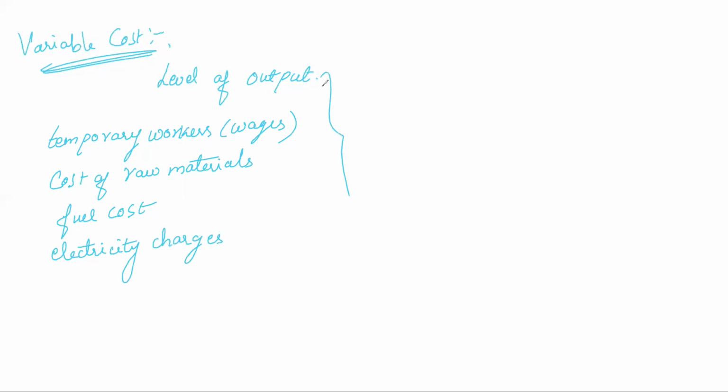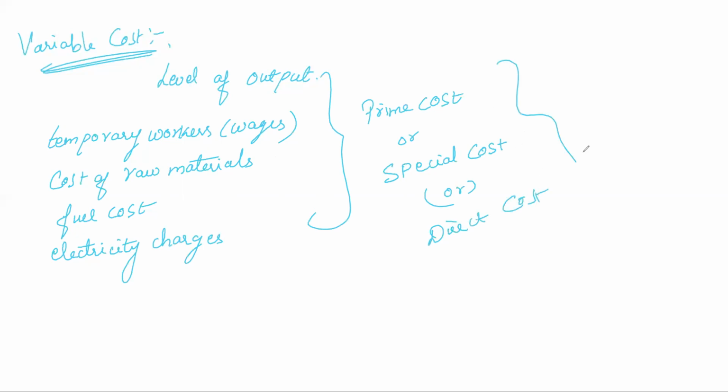So these are the examples of variable cost. It is also called prime cost, special cost or direct cost.